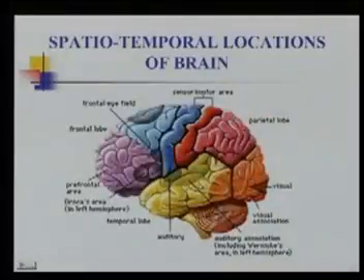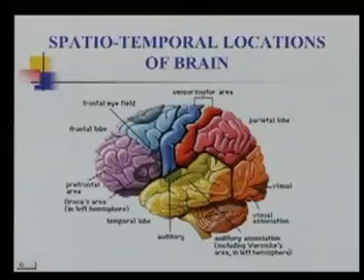The field of artificial neural network, although it may not have any real connection with the real neural network, is nonetheless inspired by the studies of real neural networks.